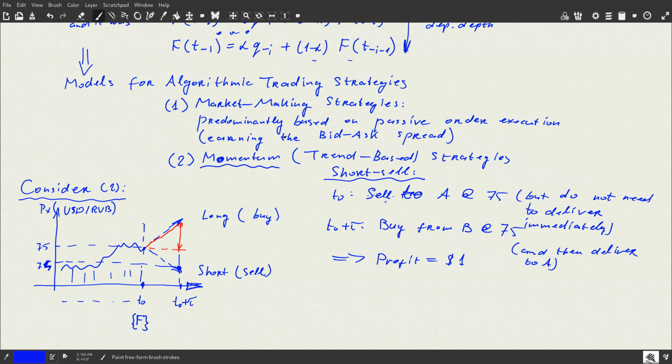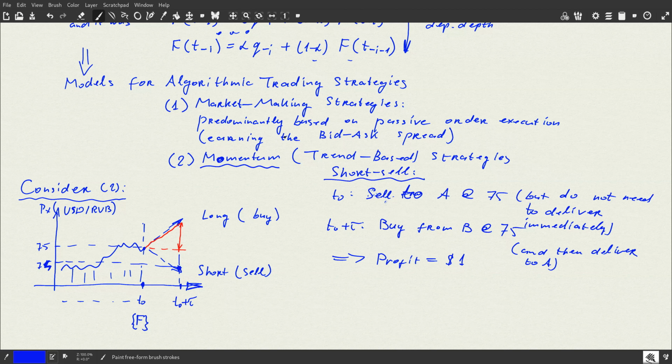For example, your prediction says the price is going to go up. You enter a long position, you buy your asset, but instead the price falls, and then at T0 plus 2, you are forced to close your position, to sell your asset at a lower instead of a higher price.